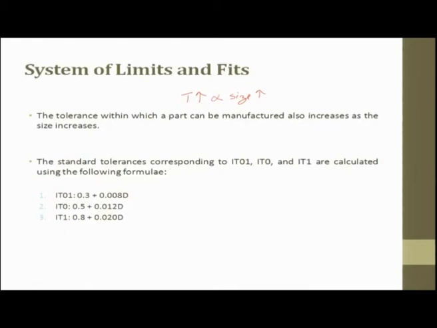The standard tolerances corresponding to IT01, IT0 and IT1 are calculated using formulae. IT01 is nothing but 0.3 plus 0.008 D. These are formulas which are available in the handbooks. So, what we are trying to do is find out the tolerances given for this IT.